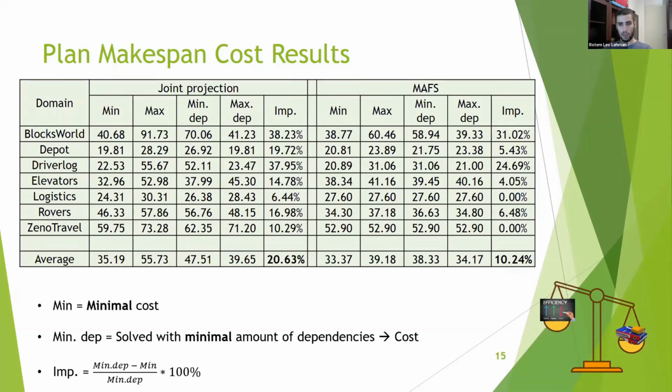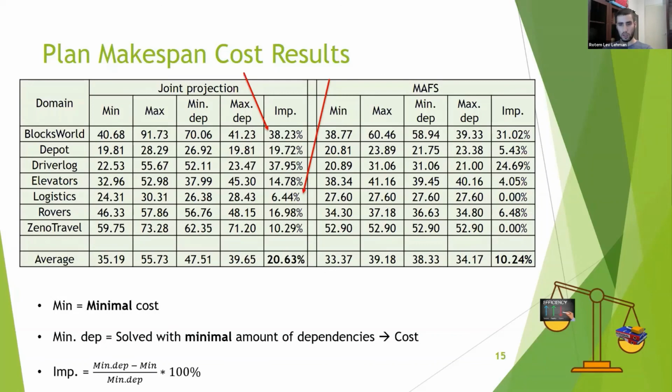However, this varies in the different domains. As you can see in Blocksworld, the improvement is almost 40% for the joint projection method, while in logistics it is only 6%. This happens because the Blocksworld domain can be solved using one agent alone.